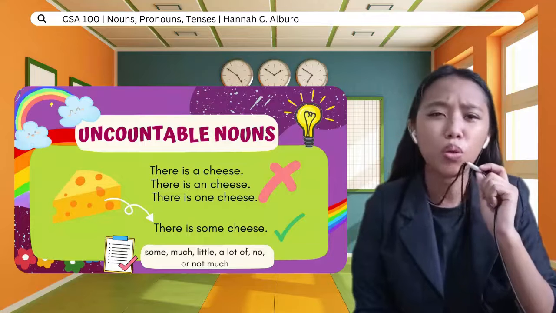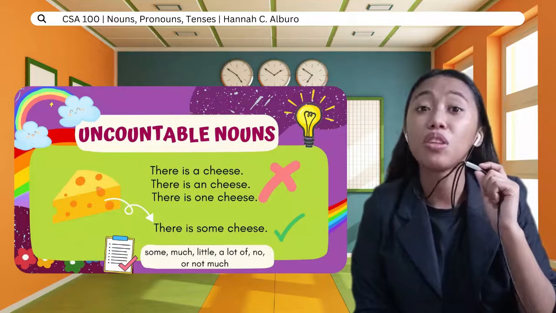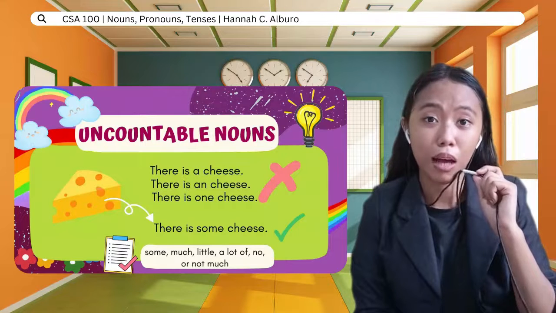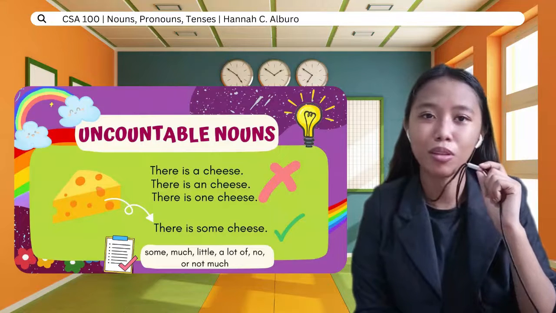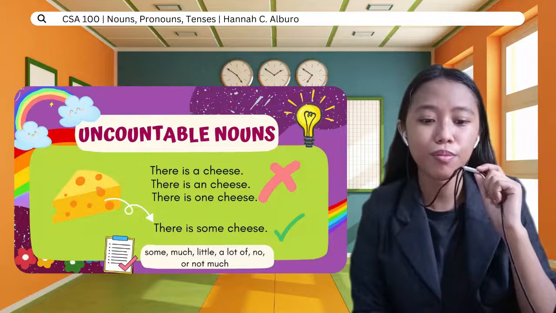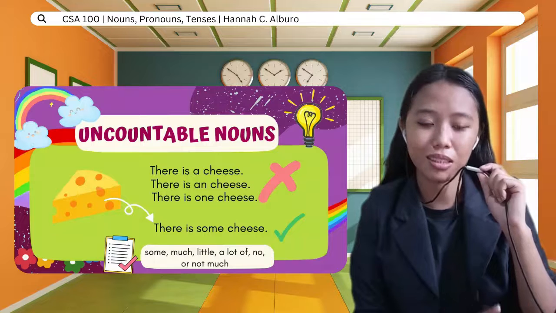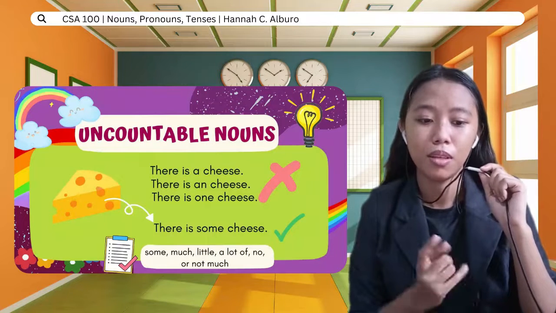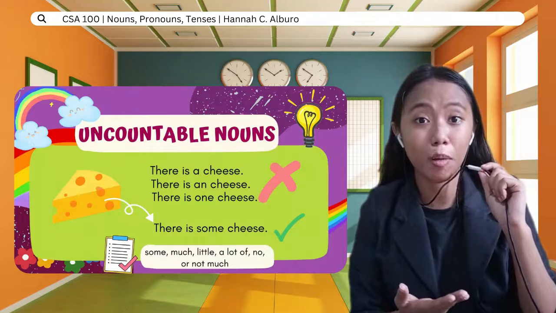According to the rule, we cannot use the word "a" or "an" before the uncountable noun. We cannot use them because, of course, uncountable nouns cannot be counted. Next, "there is an cheese." It is still wrong because it is grammatically erroneous.